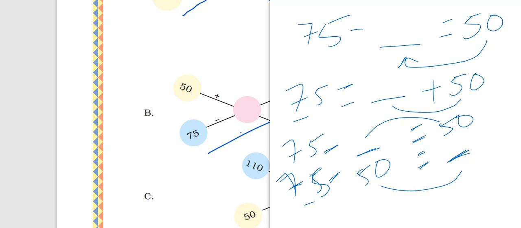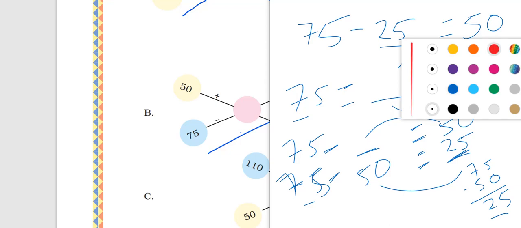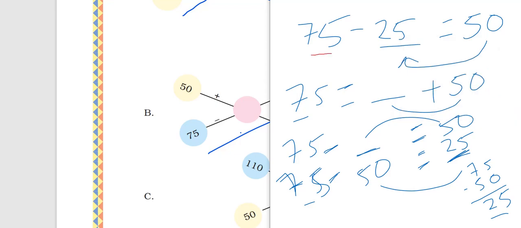So, 75 minus 50. 5 minus 0 ones is 5 ones. 7 minus 5 tens is 2 tens. So you get 25, which is 75 minus 25 is 50. Okay, let me recap this one more time. 75 minus dash is 50, right? Which means you add 50 plus a number, you get 75.